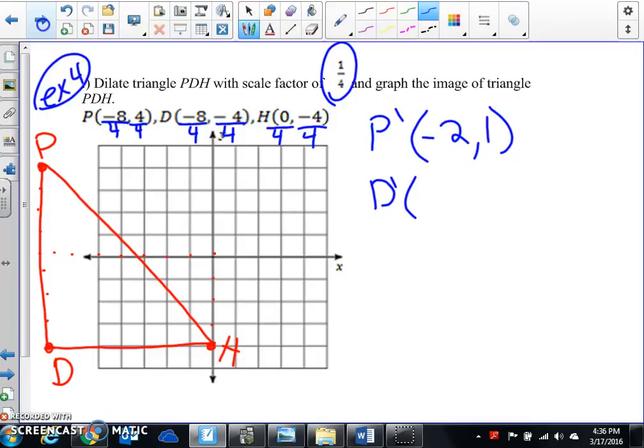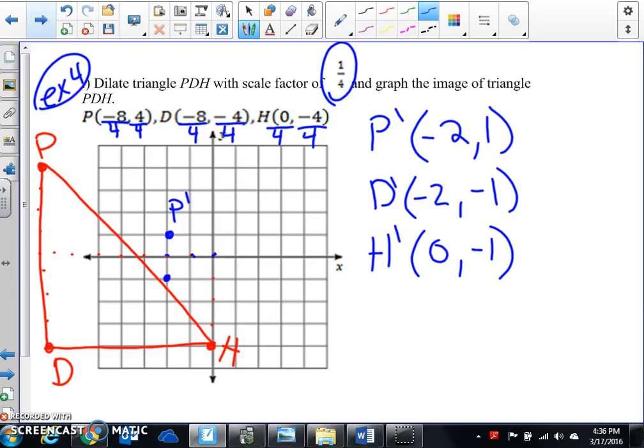D prime is -8 divided by 4 is -2, -4 divided by 4 is -1. And H prime is 0 divided by 4 is 0, -4 divided by 4 is -1. So let's go ahead and plot that. So -2, 1 is P prime, -2, -1 is D prime, and 0, -1 is H prime. And sure enough, it is a lot smaller.